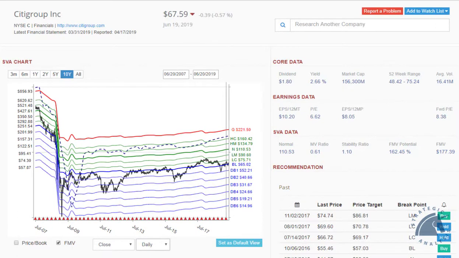Finally, let me take a look at the U.S. banks, and in particular, Citigroup. The U.S. banks all fell into their blue zone in 2008-9. See what happened here? That's when they had to write all of those funny mortgages off.